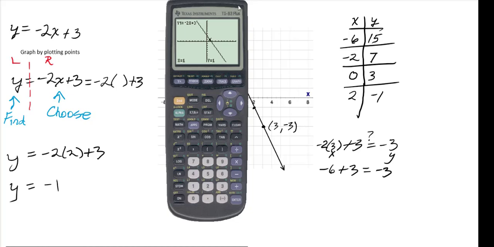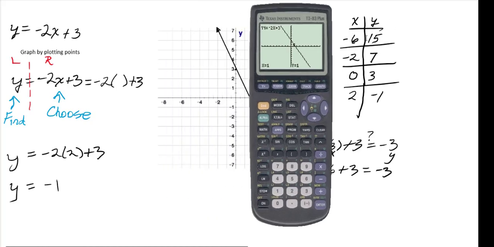So let's talk about tables of values. Earlier I made a table of values by hand, and I had to manually calculate these points. Okay, so it turns out this calculator also can generate the same table for you, and it'll save you lots of time.